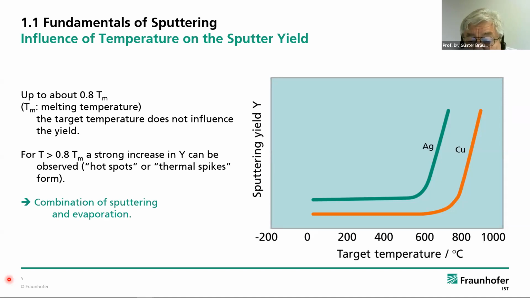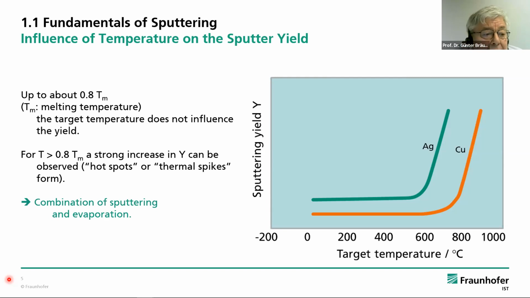So that means the sputter yield is just defined by momentum transfer and not by temperature. That's why even for very high target temperatures, the sputter yield remains constant.